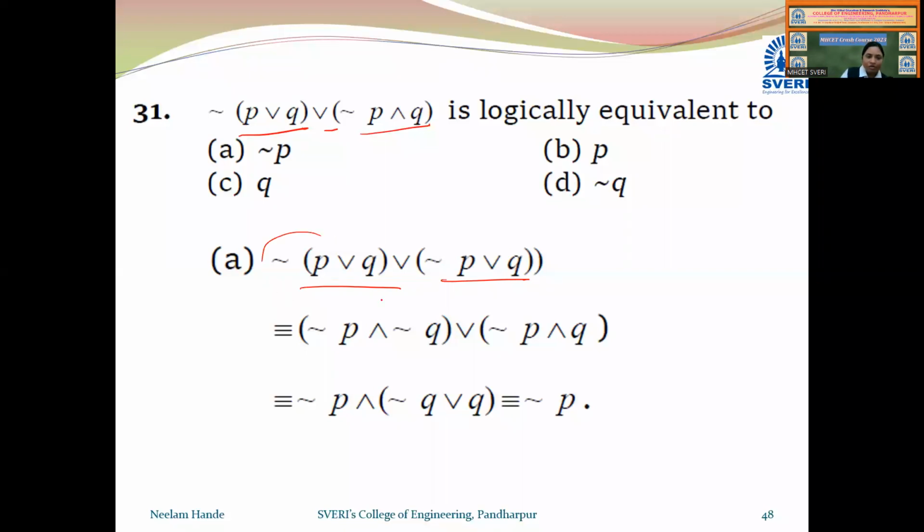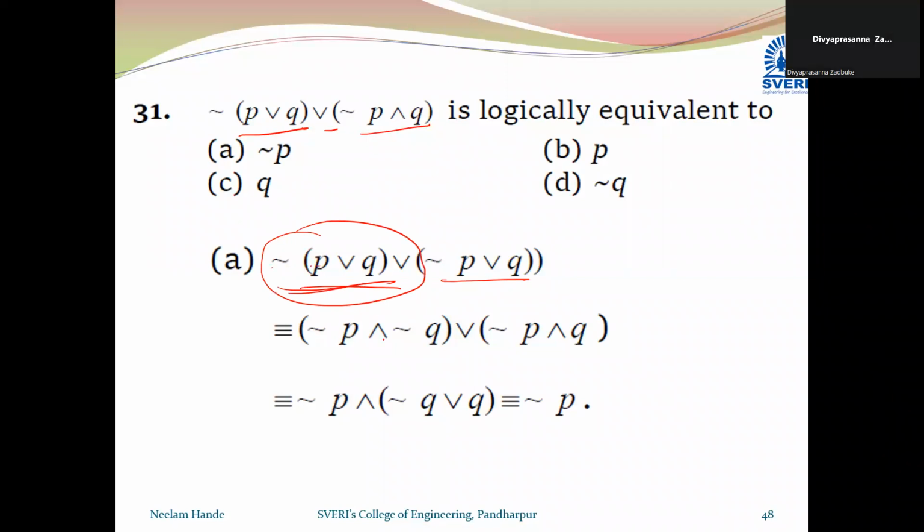Let's do this first: the negation of P or Q. We know by De Morgan, negation P and negation Q. This is as it is, or second: negation P and Q. Why is it Q only?